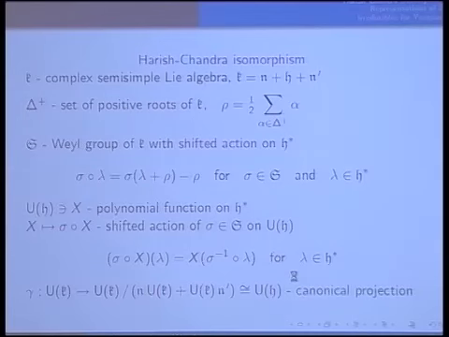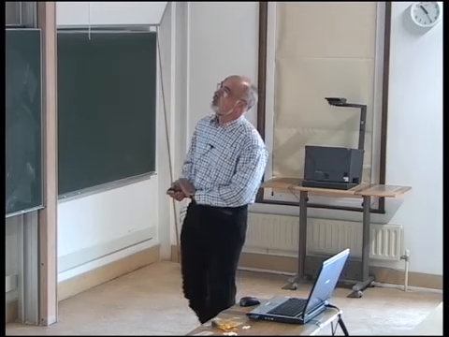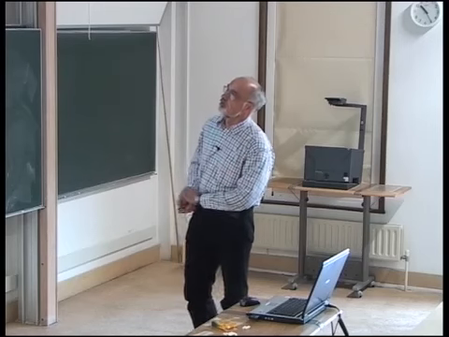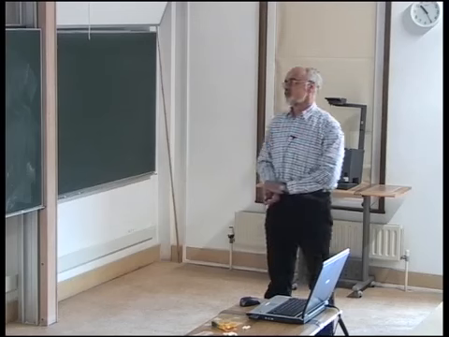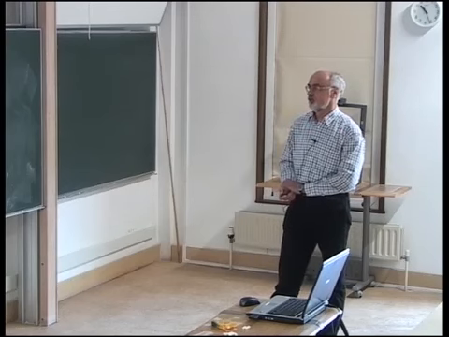Let me remind you about the classical Harish-Chandra isomorphism. There are several, but what I use is for the enveloping algebra. So the Harish-Chandra isomorphism describes the center of the enveloping algebra in the following way. We have the triangular decomposition of the enveloping algebra. I use the notation K for a certain reason for the algebra.